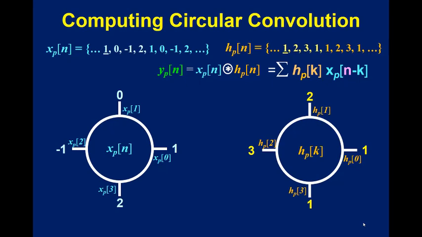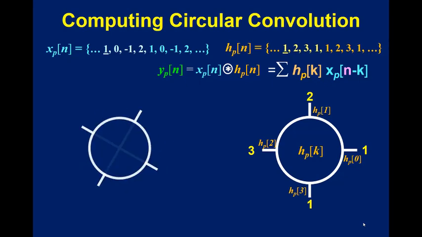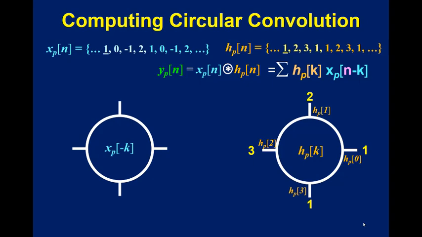Just change the variable. And x of n minus k, k is our independent variable. So if this is x of k, then x of minus k is that reversed. So starting here at 1, instead of coming around this way, we'll go around clockwise. So x of minus k has x of 0 here, x of 1, x of 2, x of 3 here, and goes backwards.